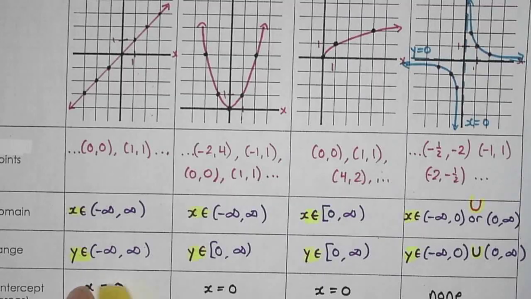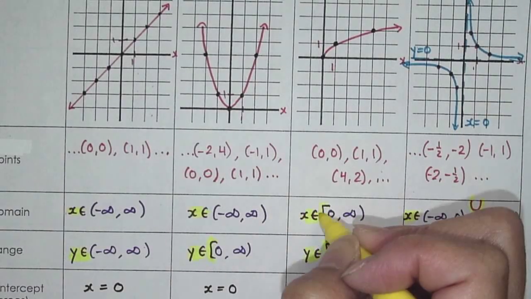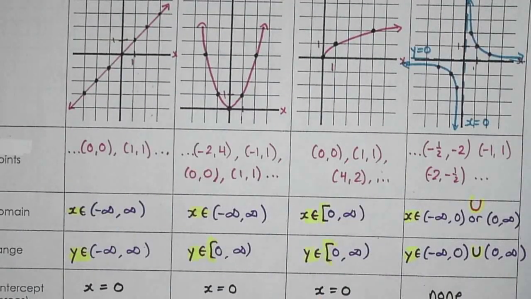The range is y goes from negative infinity to infinity for the linear. For the quadratic, 0, including 0, right, the vertex starts at 0 and heads up, so square bracket to infinity. Again, for the square root, it starts at 0, so square bracket, to infinity.